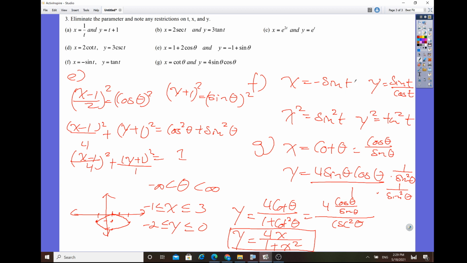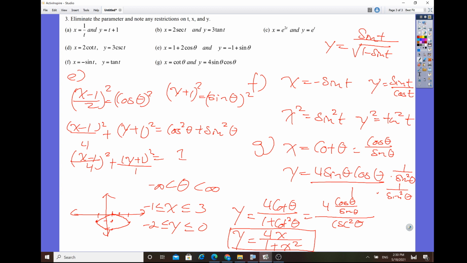Okay, so now what about this one? Can we do something similar to what we just did there? Let's see. We try to convert that to sine. So y right here is sine of t, and cosine of t, we can use the Pythagorean identity to rewrite cosine as sine, so that'd be the square root of 1 minus sine of t.